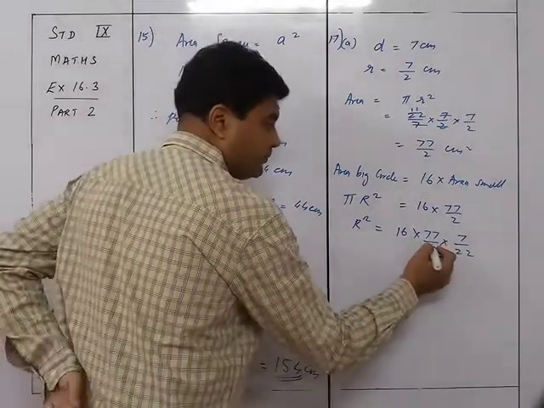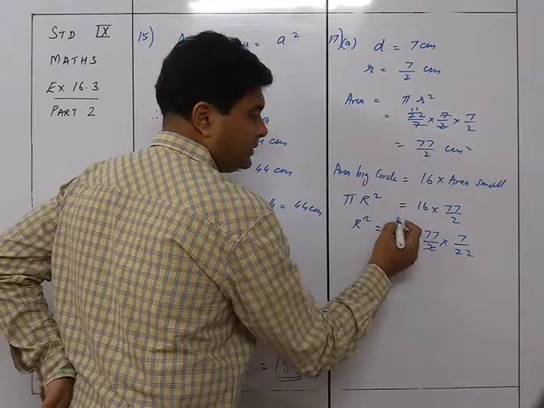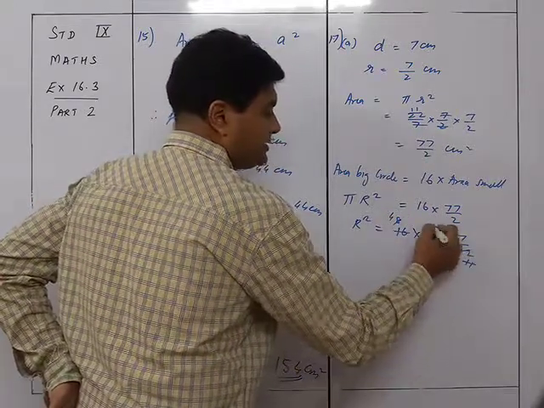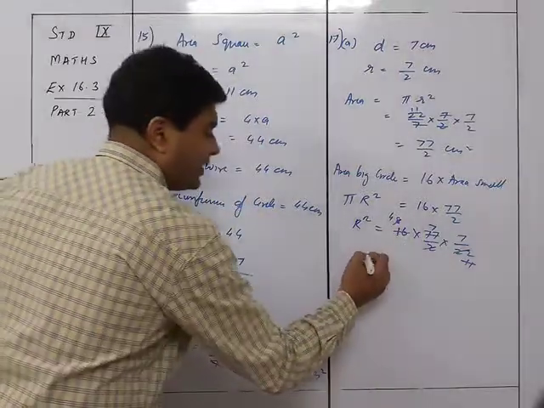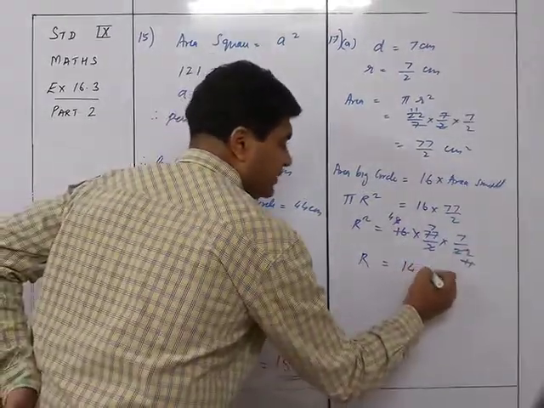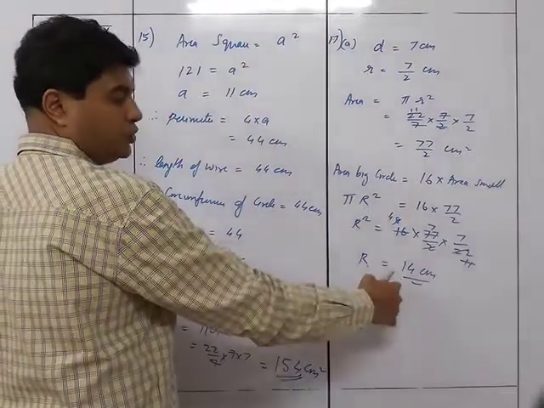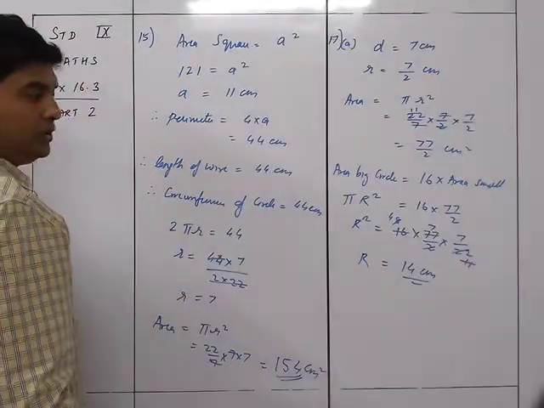So that makes it 2, so 8, then 4, then 11 and 7. So that will give me 7 into 2. So r will be equal to 14 centimeters. 4 is a square number, so 2, 7, 7, so 7. So 7 into 2, 14.